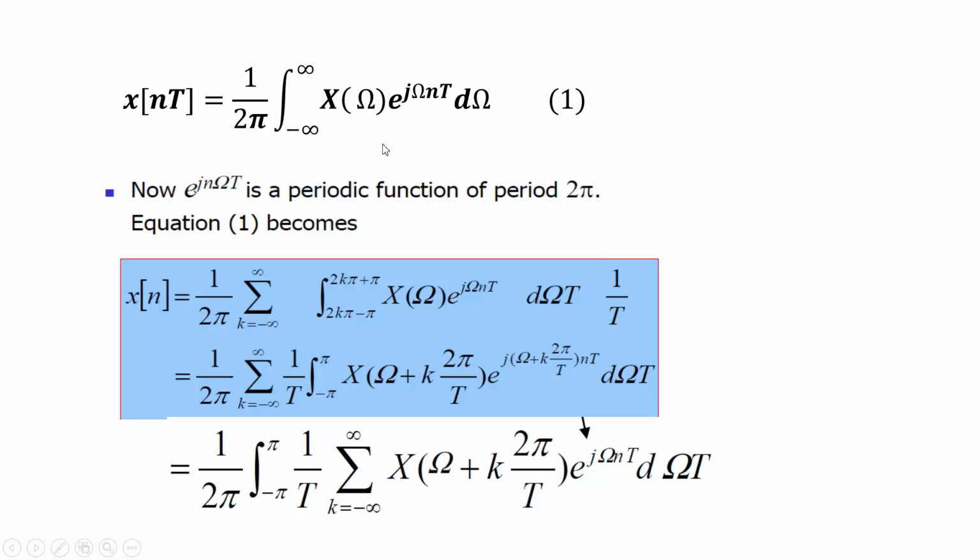Rest of the things remain the same, and I also divide this whole equation by capital T and multiply it with capital T. Because these limits are for the omega variable, I change this omega variable into big omega plus k of 2 pi by T, and the same here for the omega variable, and the limits of the integral will now be minus pi to pi.